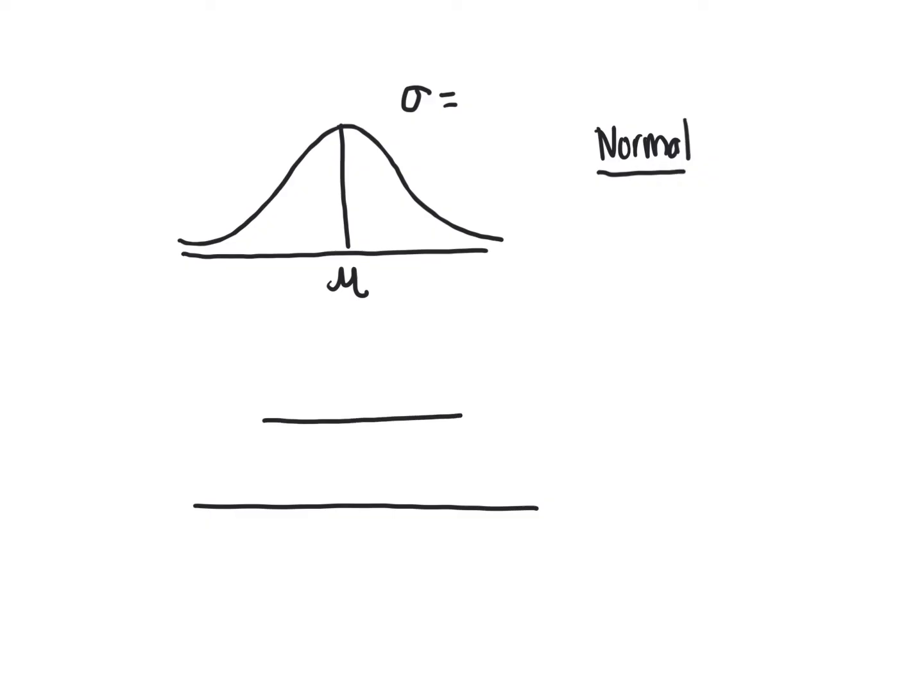That one looked something like this. It was essentially a rectangle. And the 2 parameters that you needed for a uniform distribution were a and b, a starting point and an ending point.